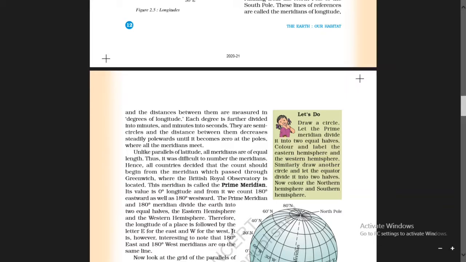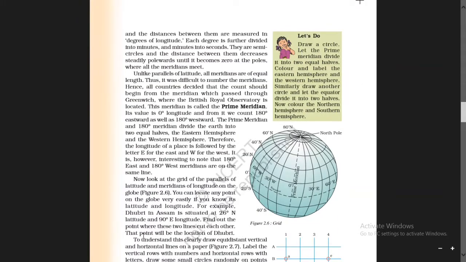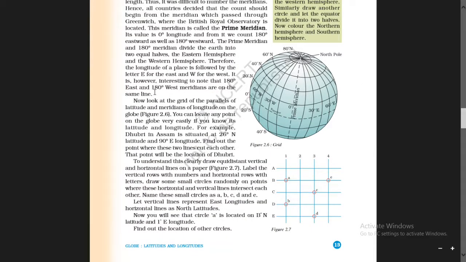It is, however, interesting to note that 180 degree east and 180 degree west meridians are on the same line.